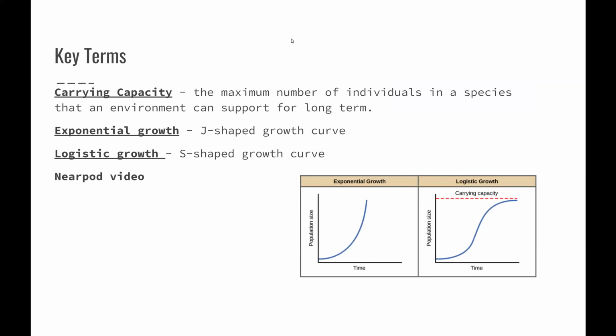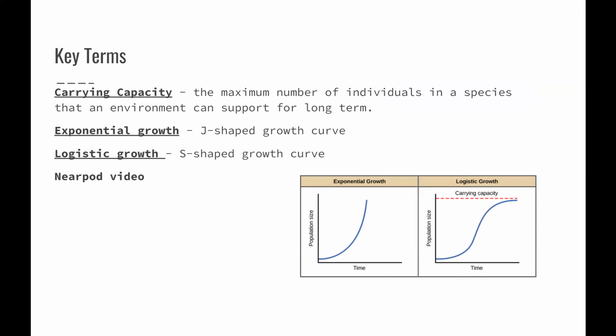Limiting factors go hand in hand with a term called carrying capacity. So carrying capacity is the maximum number of individuals in a particular species that an environment can support for long term.